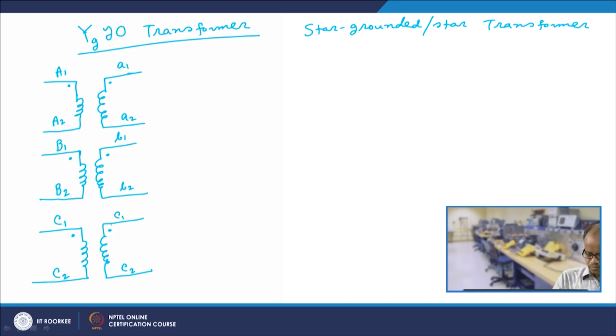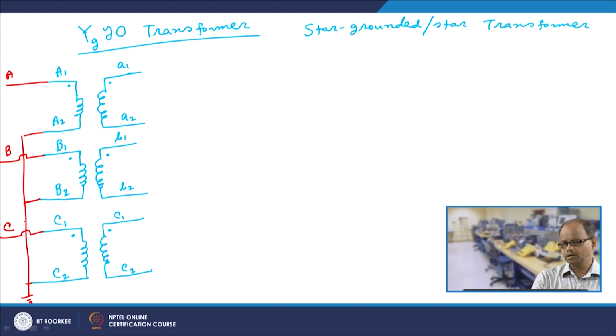So, as usual, this is star grounded. This is phase A, this is phase B, this is phase C, and this vector diagram would be the same, as we have already seen.